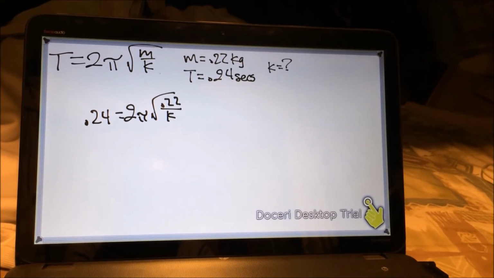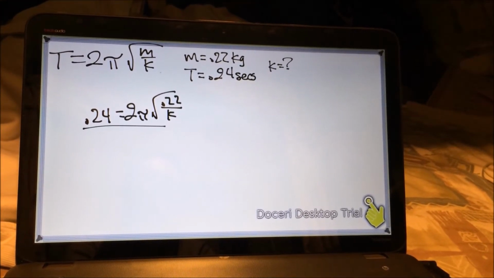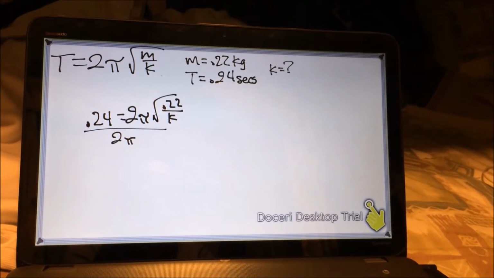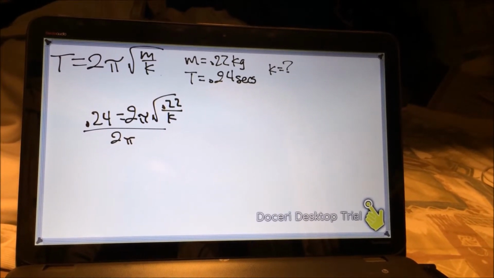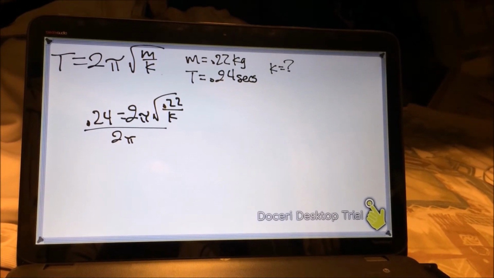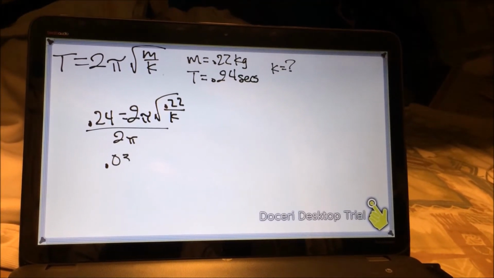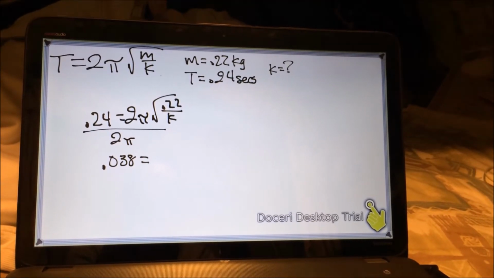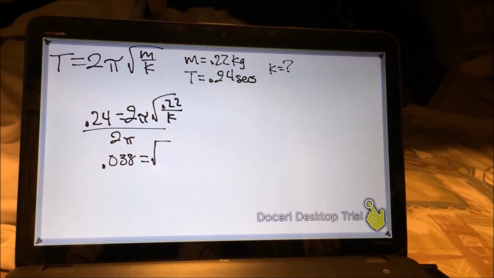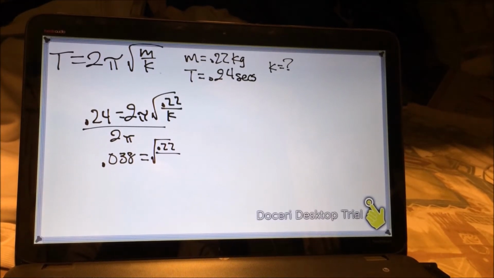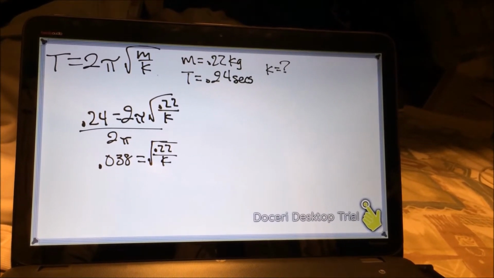First thing we need to do is divide everything by 2 pi. And so when we do this, we're going to get 0.038 is equal to the square root of 0.22 over k.